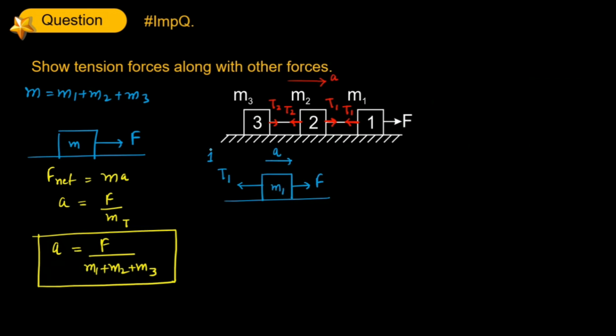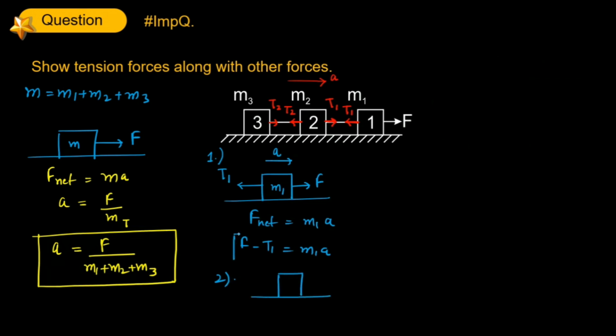So just tell me what should be the equation of force that we can make here, keeping the direction of motion in mind. It should be to the right. What should be the F net equation? F minus T1 equals M1A.